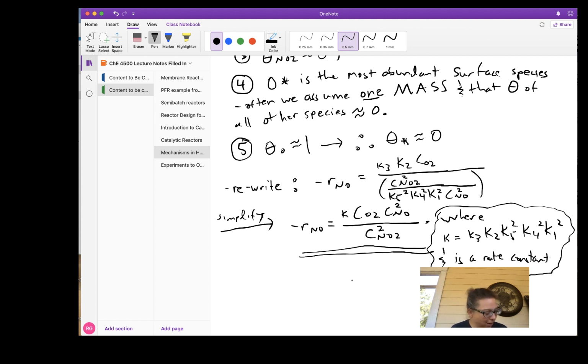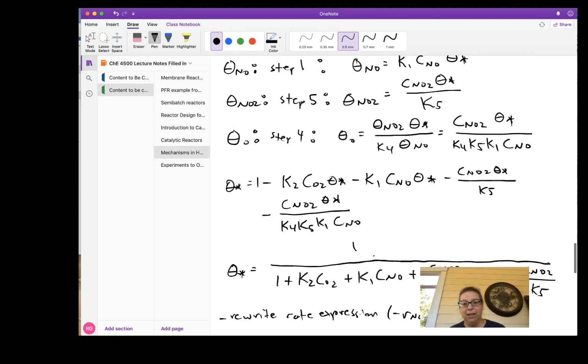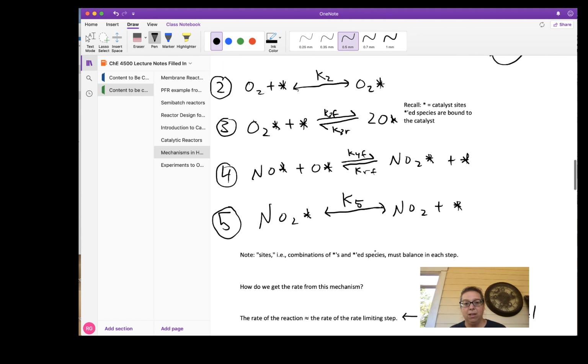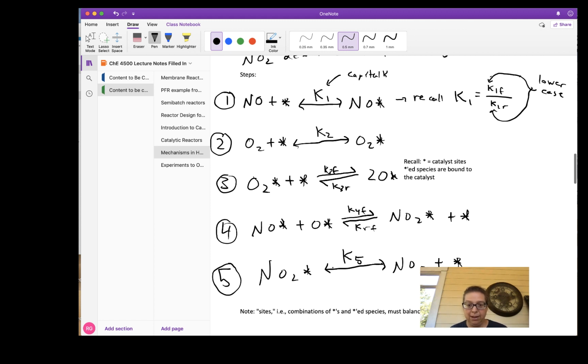So we're not quite there yet. If this was your research, then your job now would be to go back and modify this mechanism and also the assumptions that were made. And in fact, that is largely what I did in my PhD thesis.